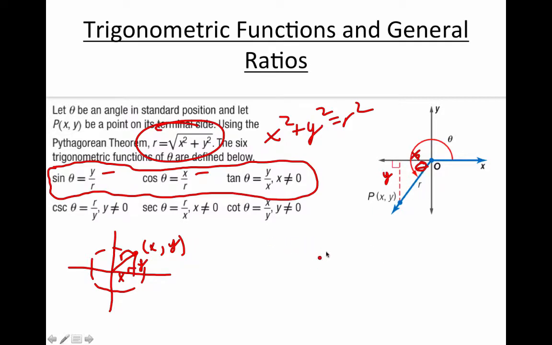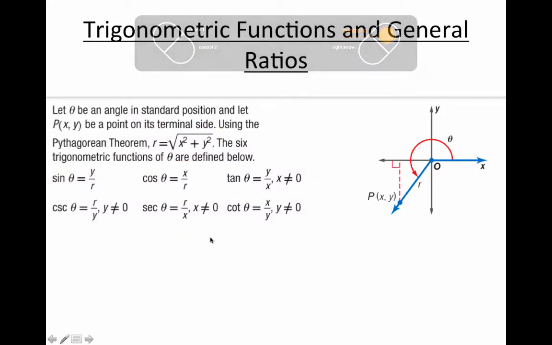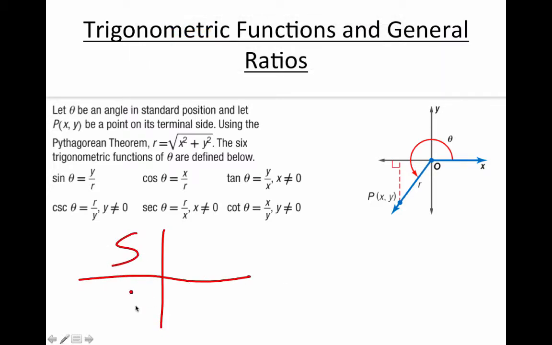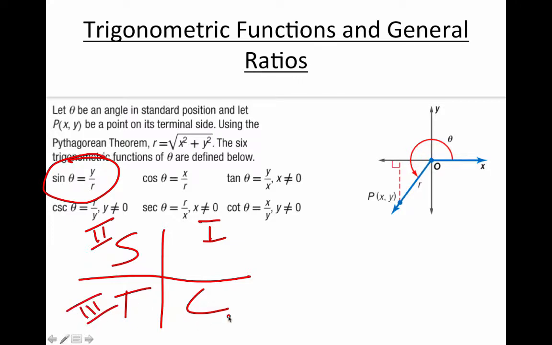Now, one thing about sine, cosine, and tangent, as we look at these different ratios, I like to call it chilling in the STC. If you think about sine being the y-coordinate, the y-coordinates are going to be positive in quadrant 1 and quadrant 2. We don't have a letter in quadrant 1 because everything is positive in quadrant 1, and we should understand that. But quadrant 2 is above the x-axis, so the y's are positive.